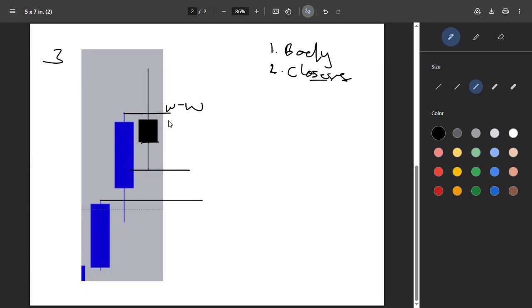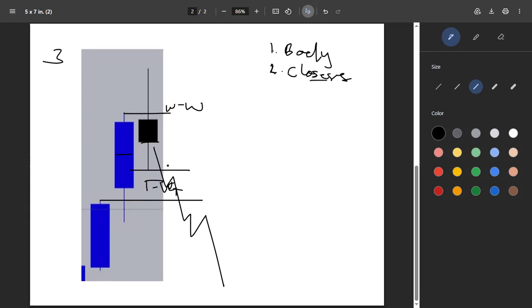Here we have to observe three things or two things. First, look at the body size. If the body size closes at least 50% of the previous candle, this fair value gap will not work. We'll see price reversing.